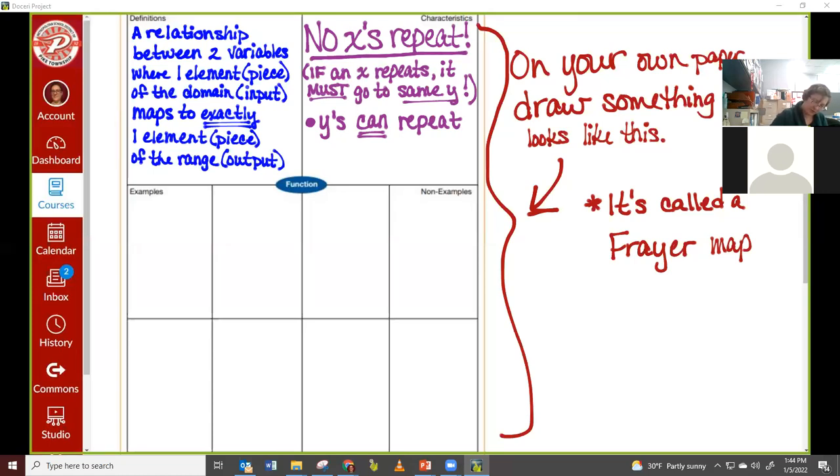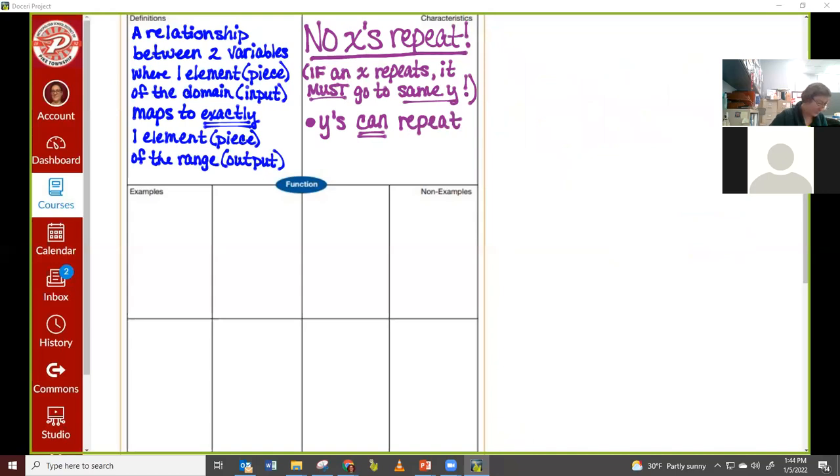When we're looking at a graph, there's another characteristic that we can look out for. On a graph, we would say that it passes the vertical line test.